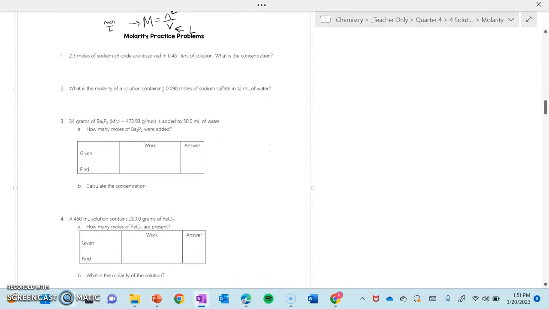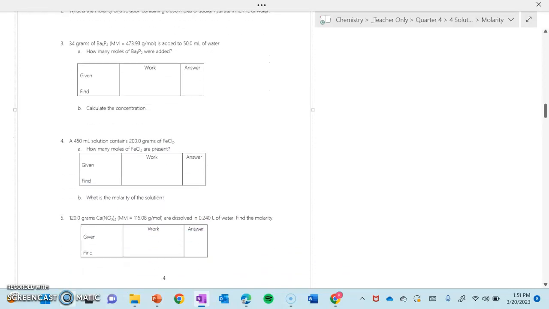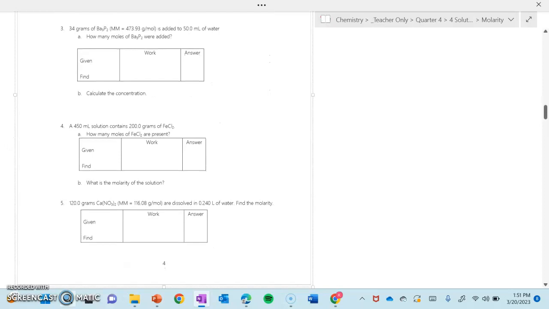So in all of these, make sure you have moles and liters, plug them in. 3, 4, and 5 kind of break it down for you to convert to moles, and then convert, or I suppose calculate using moles and liters. Same thing. I think number 4 is the only one that doesn't give you a molar mass, so I'm going to give that to you now because it's not on here.